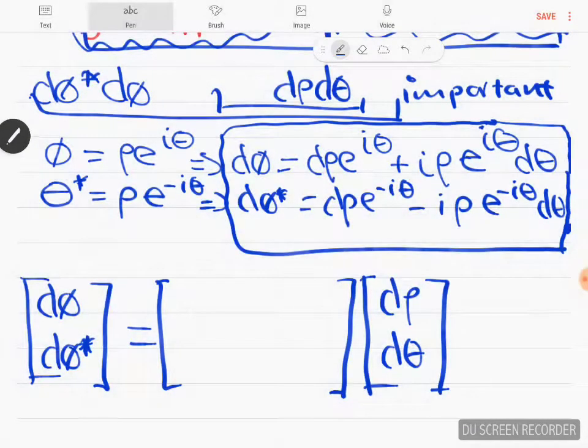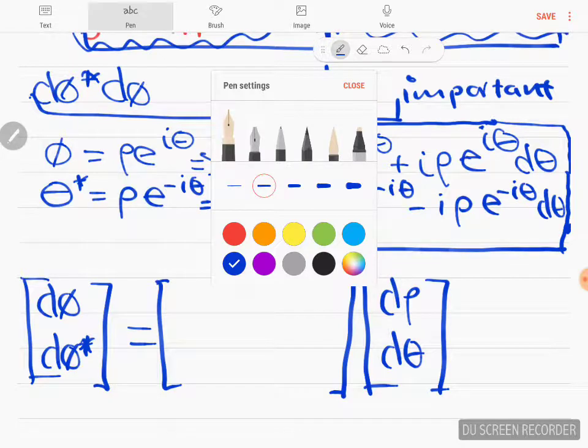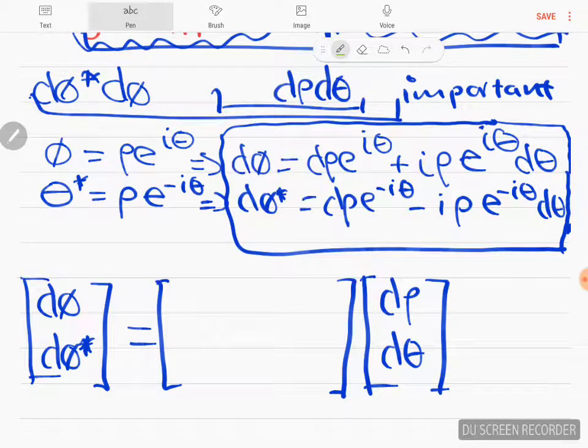Everything that multiplies d rho, so this term here and this term here, shall go in the first column. So then we have here e to the i theta, e to the minus i theta.